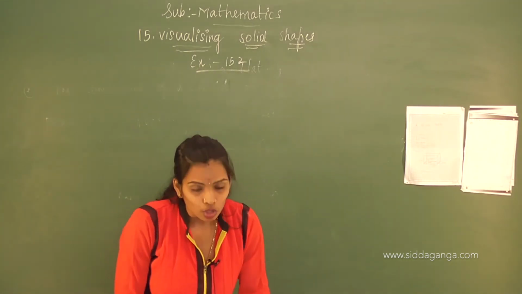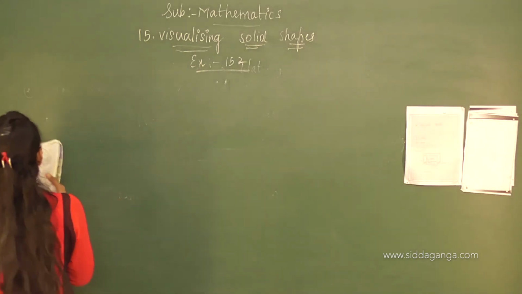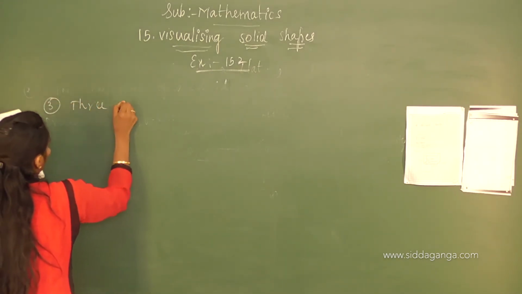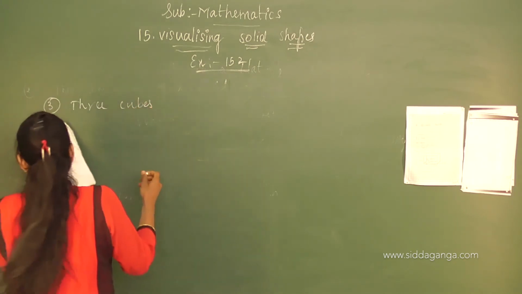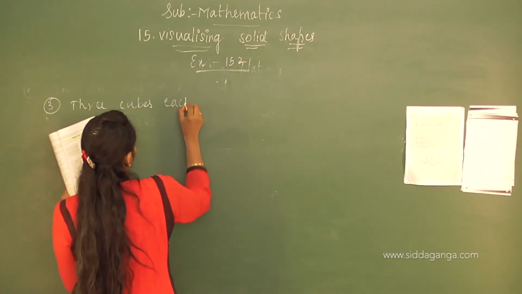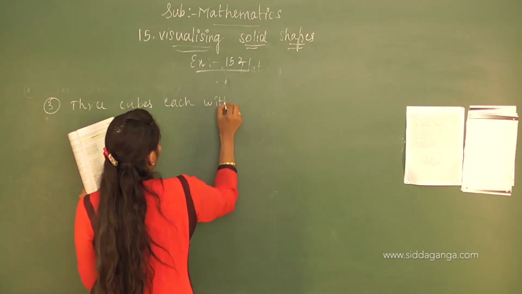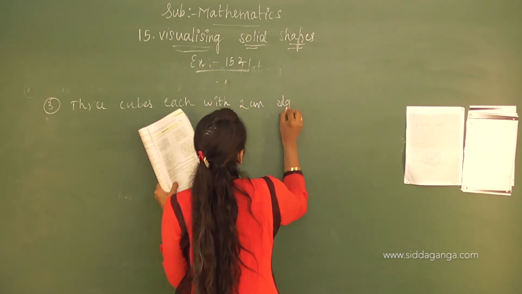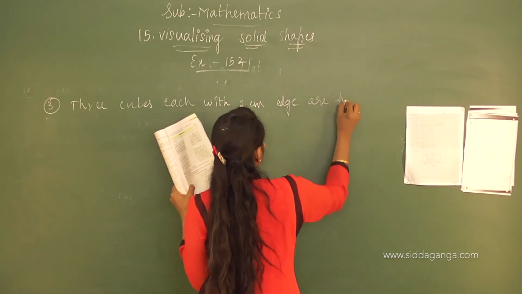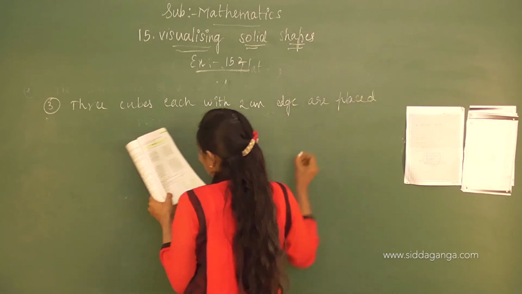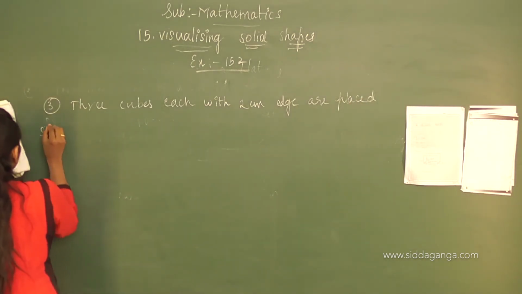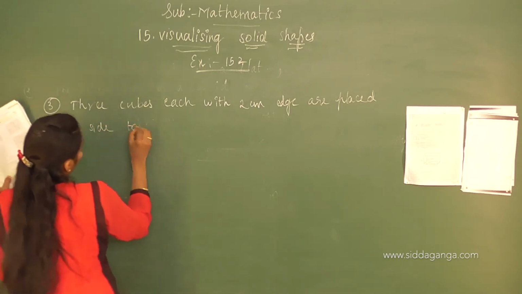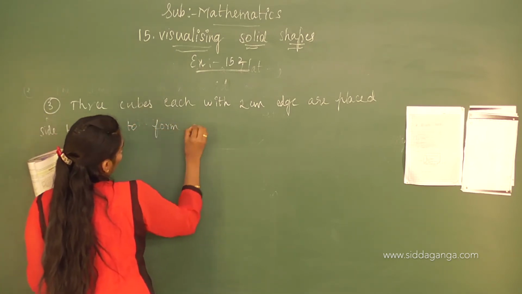Three cubes each with 2 centimeter edge are placed side by side to form a cuboid.